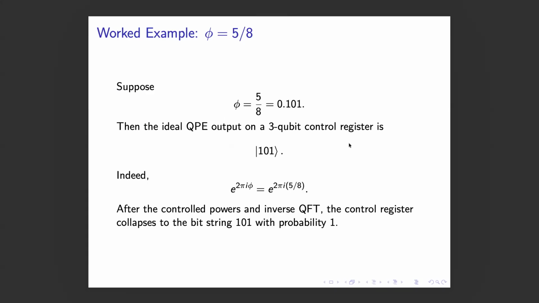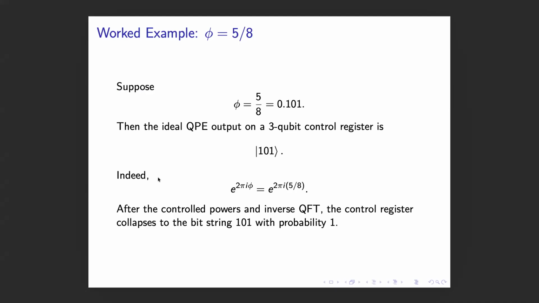So in case your value phi is equal to 5 divided by 8, then you have an exact representation in terms of these bit values here. So then the ideal QPE output on a 3-qubit control register is actually 101.